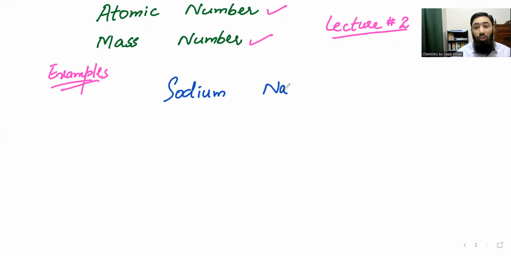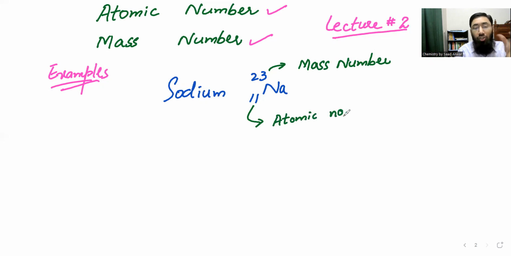From the periodic table, you see a number is mentioned here and another number is mentioned here. A smaller number is mentioned here and a bigger number is mentioned here. This bigger number is called mass number, and this smaller number is called atomic number.